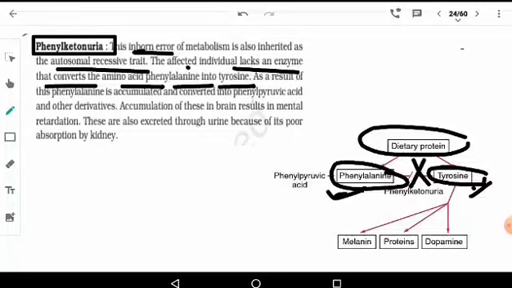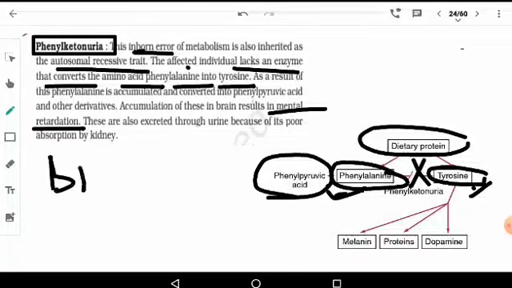As a result, the phenylalanine will get converted into another compound that is known as phenylpyruvic acid or other derivatives of this. And these derivatives will get accumulated in the brain. And once they get accumulated in the brain, that can result in mental retardation. And it can also result in brick red colored urine.